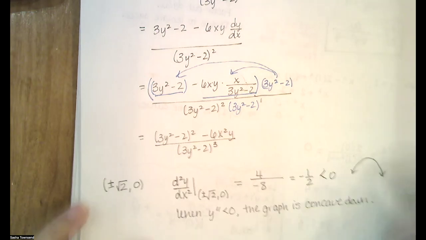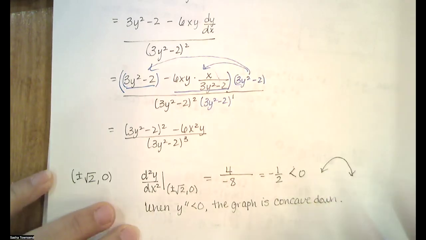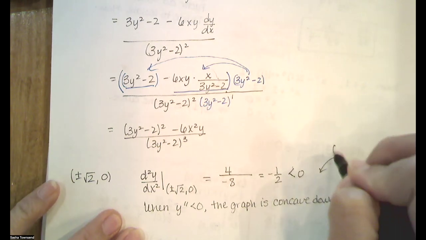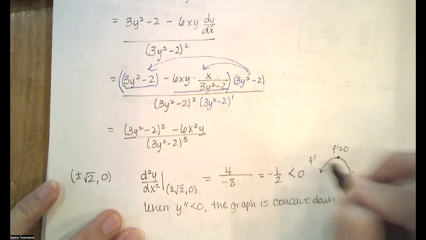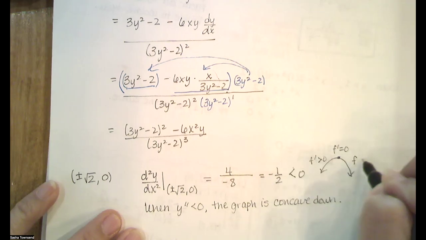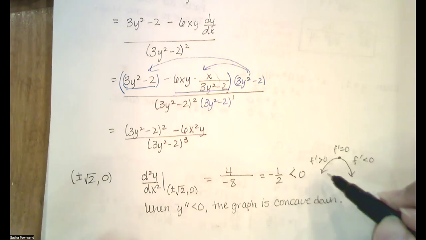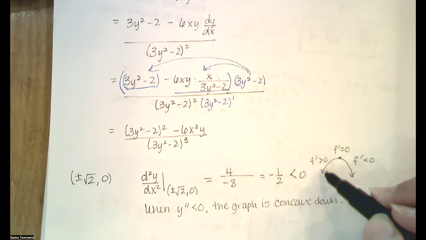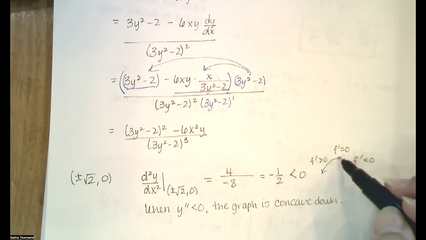And that means it looks like this, sort of facing down as opposed to facing up. And the way you can think about that is that the slope is 0 at the top, the slope is positive over here, and the slope is negative here. And so it goes from very steep positive slope, and then the slopes decrease and decrease until you get to a slope of 0.